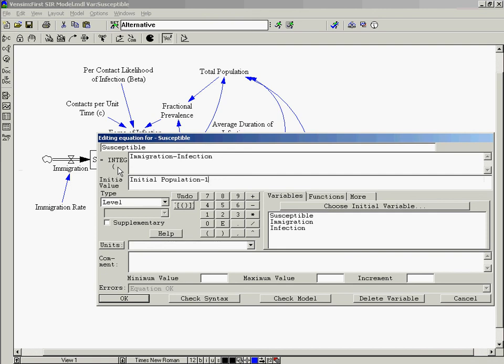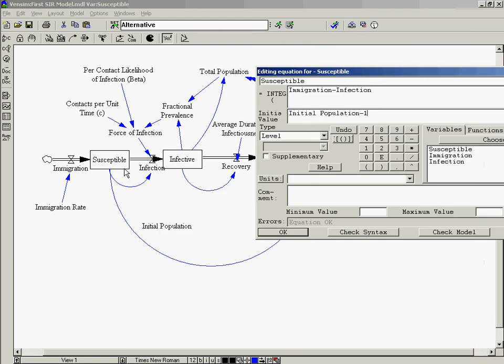What's this thing? Anyone want to hazard a guess? Integration. So it's the integration of immigration in minus infection out. In other words, integration of the inflow minus the outflow. This, ladies and gentlemen, is nothing more or less than a set of differential equations.